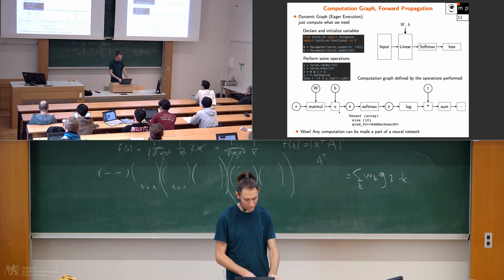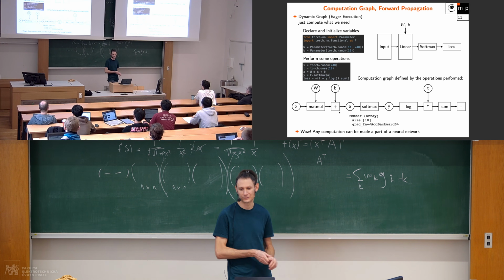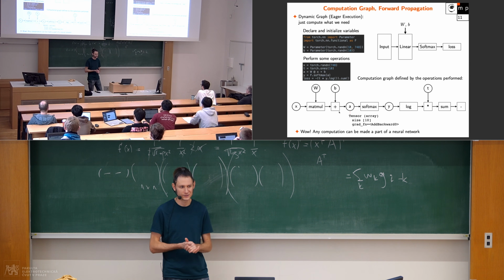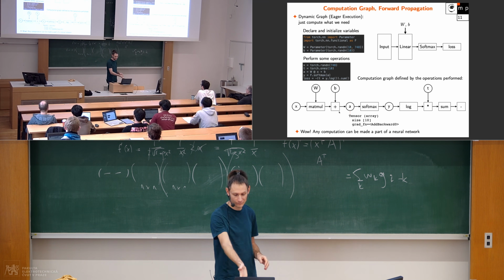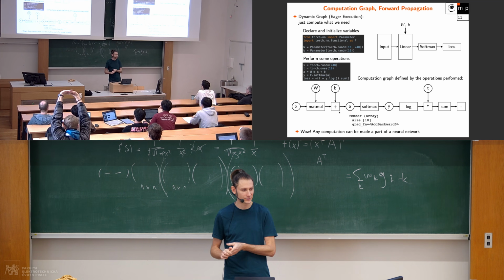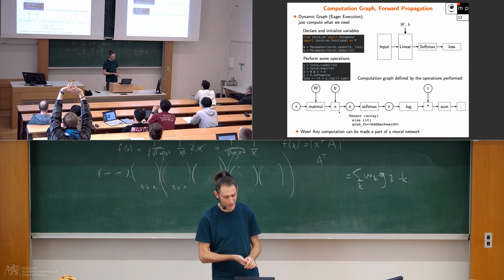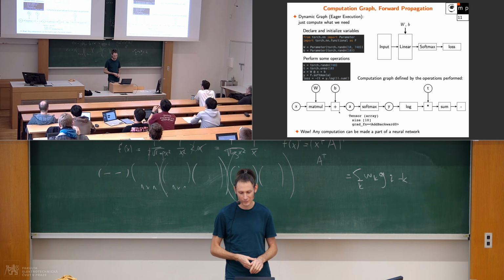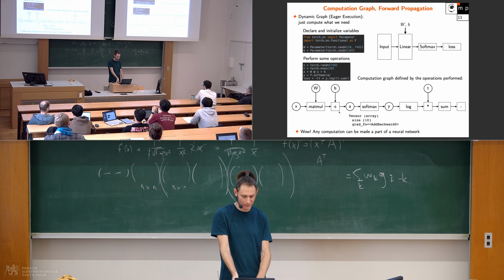Now, depending on how much you know about the current state of the art, we started from this multi-layer perceptron architecture, and now I'm telling you, okay, you do whatever computations with tensors, and we can backpropagate that, and we can train that, and this is going to be our neural network. So it's not necessarily any kind of neurons or any kind of MLP.